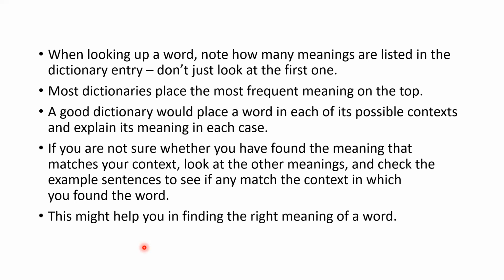Do that, all right? So, learning this might help you in finding the right meaning of a word. So by knowing that a word not just has one meaning, but can have several different meanings, this will help you to find the right meaning of a word. Just having a dictionary there won't help you. You have to know to find the right meaning of a word.